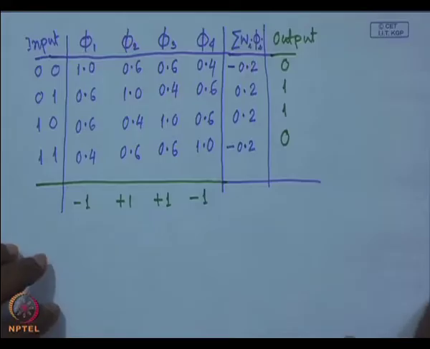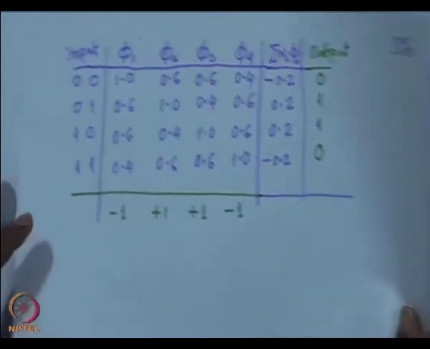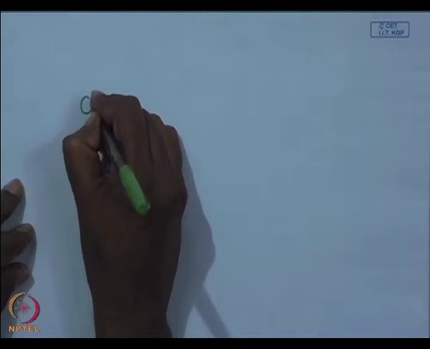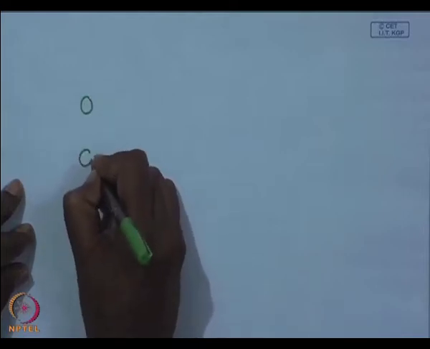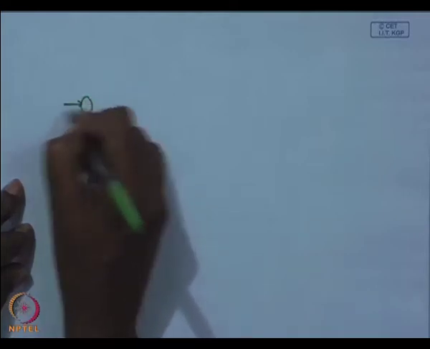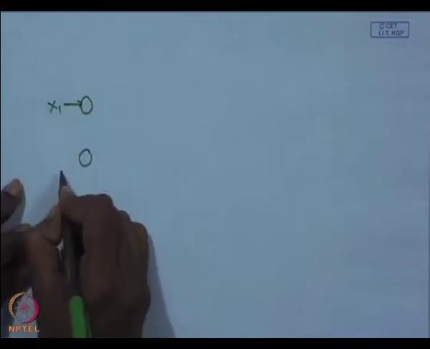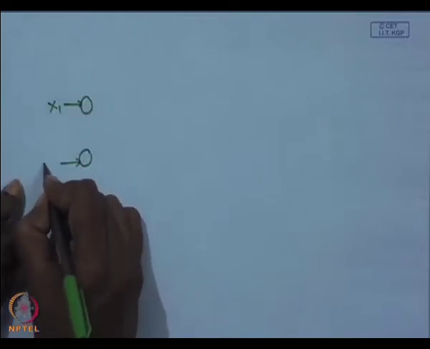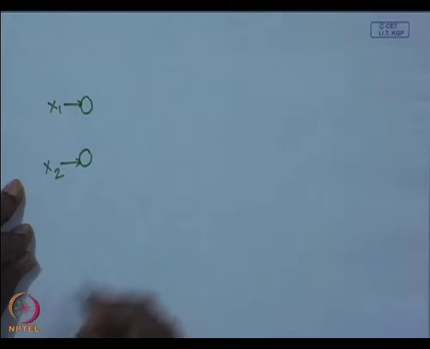So, over here the architecture of the radial basis function network that we have used is, we had 2 input layer nodes where x 1 is fed to one node and x 2 is fed to another node.